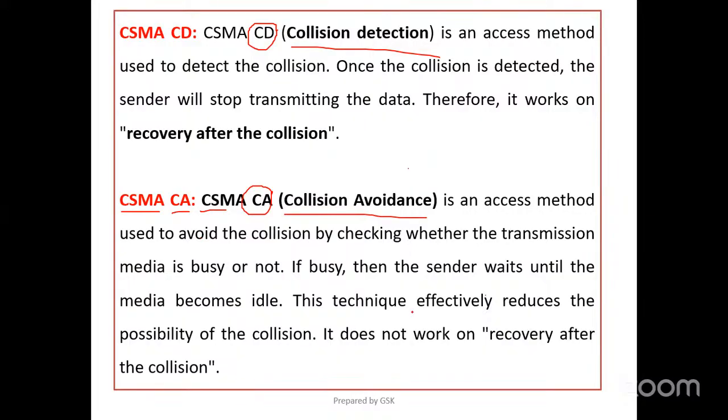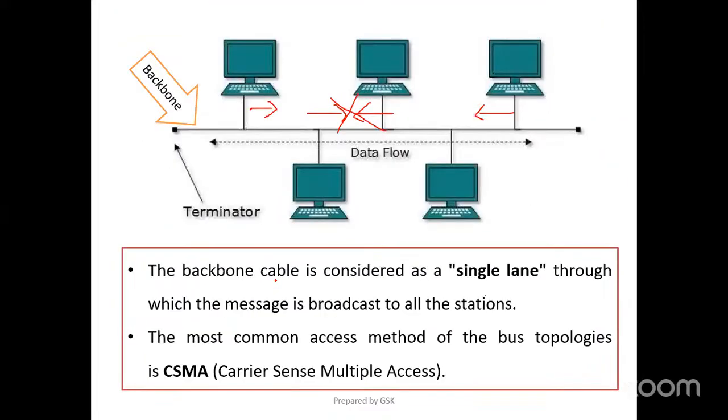Okay. It is used to avoid the collision by checking whether the transmission media is busy or not. If you are using CSMA CA, before sending the data, it senses whether any data is available on the backbone cable or not.